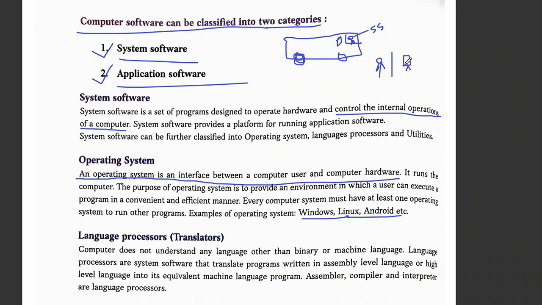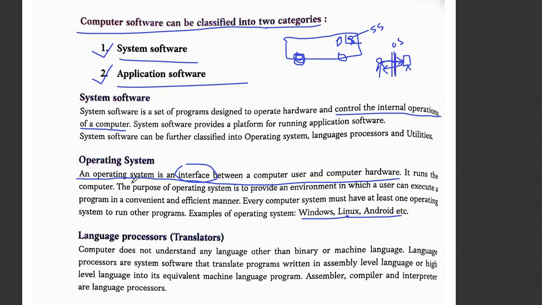In order to interact with the computer, the user needs a medium or a connection through which it will be connected to the computer hardware. So this connection is called the operating system or OS. It is also called the interface. Interface means a connection between two layers or two particular entities.